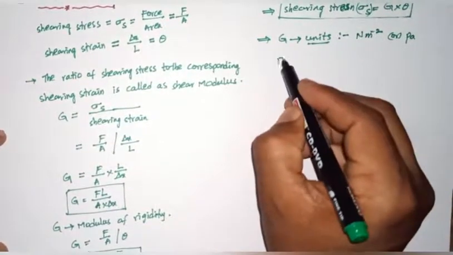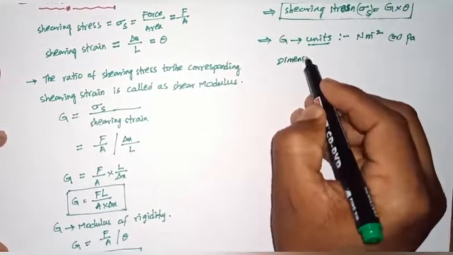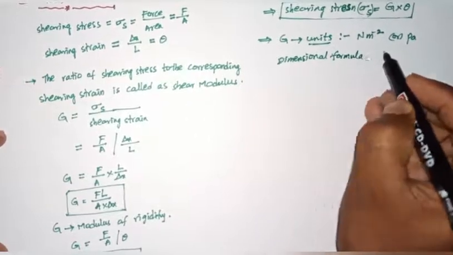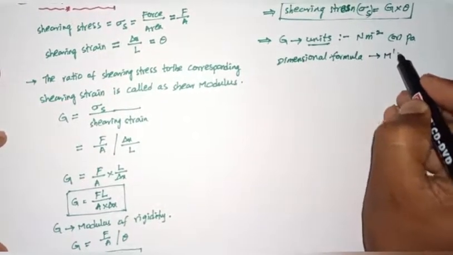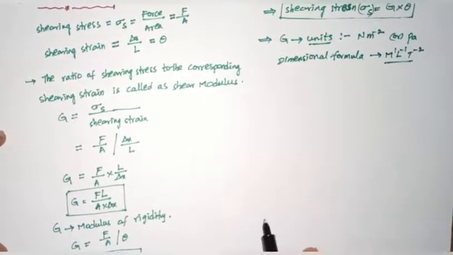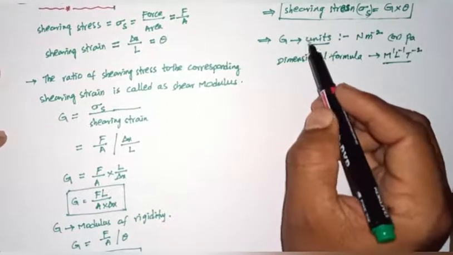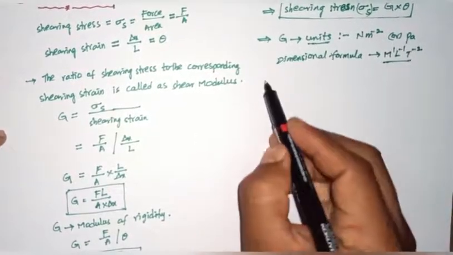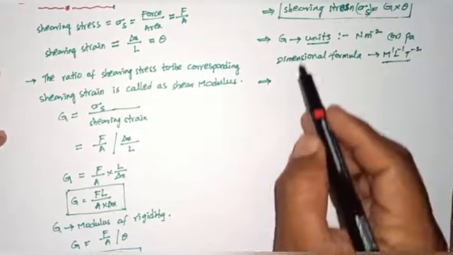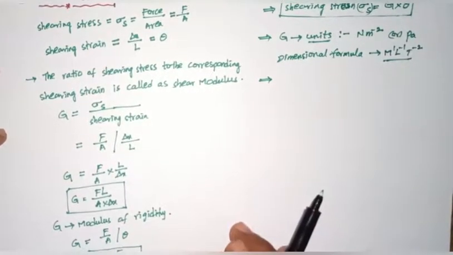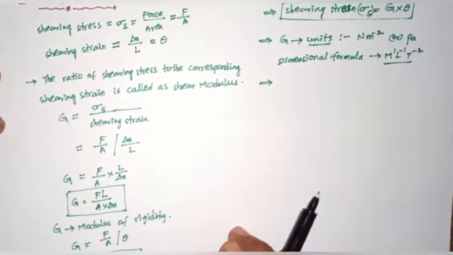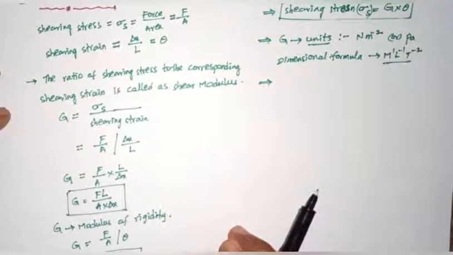The dimensional formula for the modulus of rigidity is M power 1, L power minus 1, T power minus 2. Some materials have modulus of rigidity: aluminium is 25, brass 36. It is given in the table in the textbook.